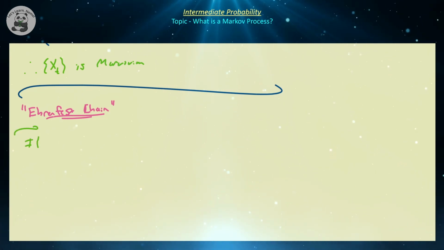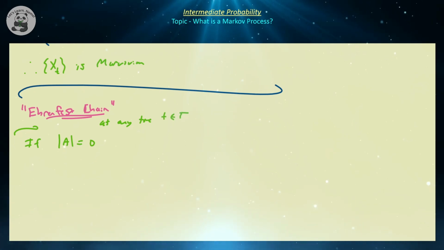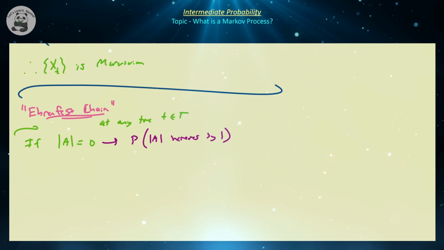So for example, if the cardinality of A is equal to 0, and let's assume that this is at any time t, then what are we going to have? The probability that the cardinality of A increases by 1, we already know that's going to be equal to 1, because it came from the other set.